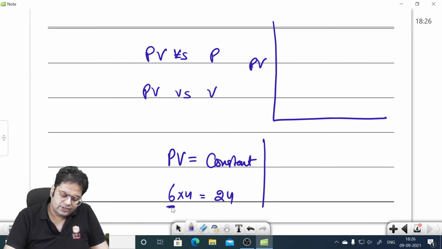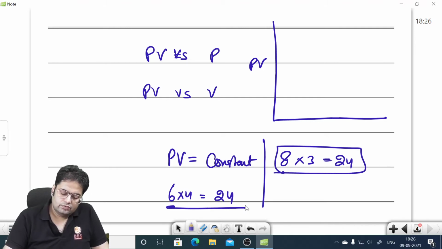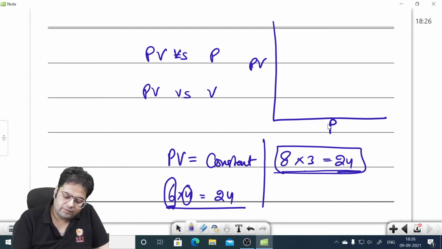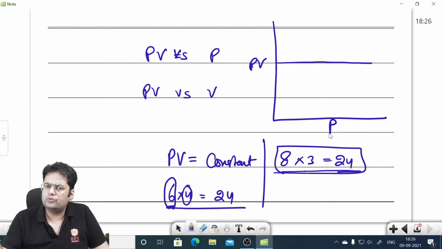So if you increase this one, this will become 8 and this will become 3. The result will be the same, 24. Fine. So 8 into 3, that means if you increase this quantity, the other decreases, keeping the whole value constant. So PV versus P again gives you a straight line. Same is the case with this. Fine, pretty easy to understand.